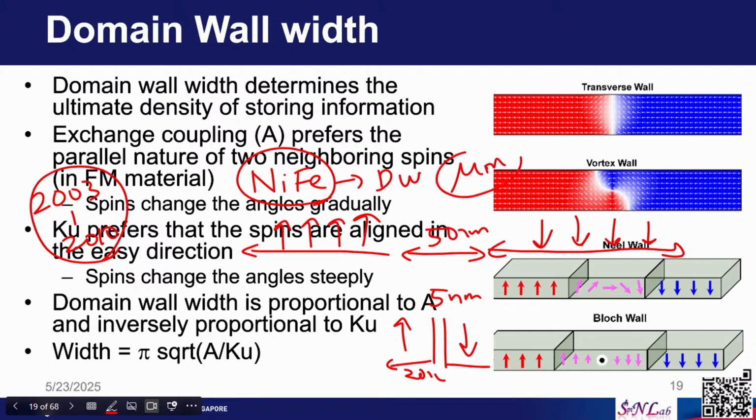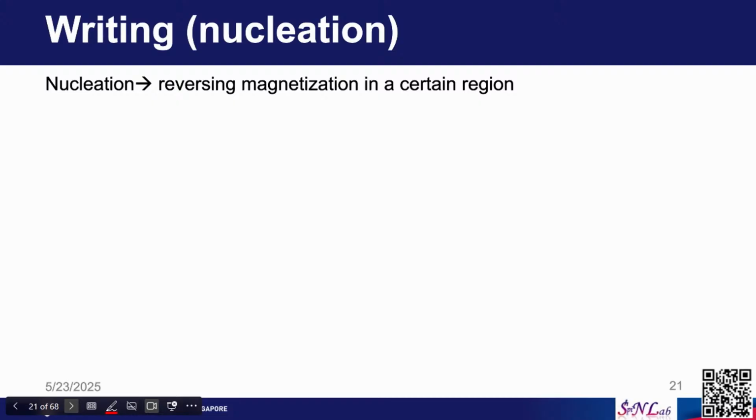Because people were only studying the concept, it does not matter. When you are studying the concept, it is okay, but when you ultimately want to make devices that operate at high densities, we need to consider which material will give rise to narrow domain walls. So, that is where the domain wall width plays a role. It determines the density of information.